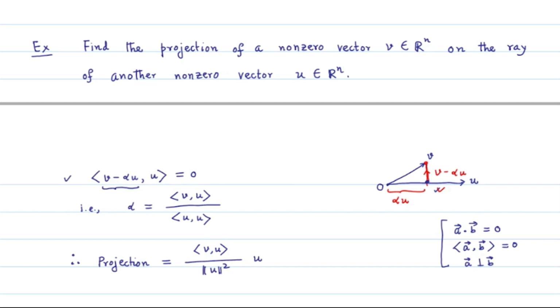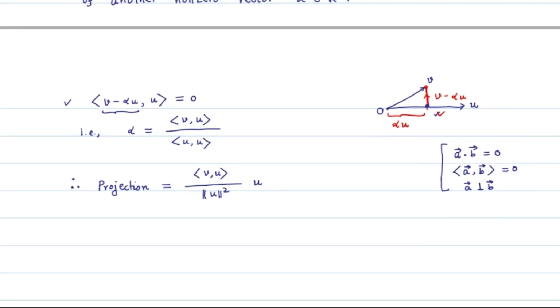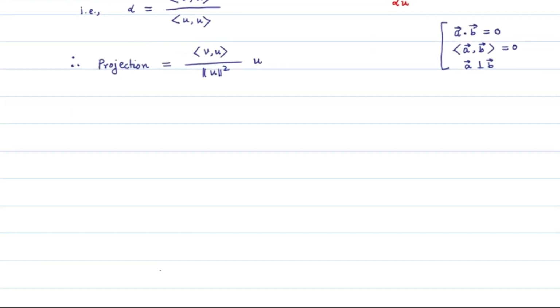We shall wrap up this section on projection by mentioning three important results regarding projection of a vector over a particular subset of Rn. The first result is regarding projection of a point on a closed and convex subset of Rn.